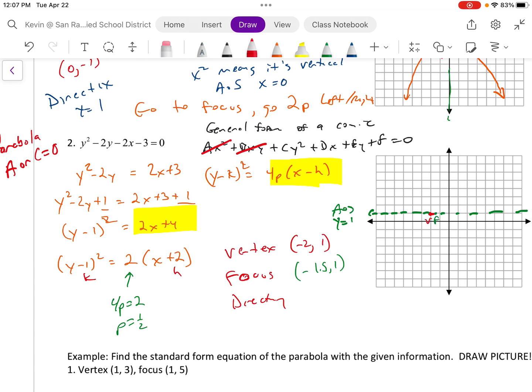Okay, and it's positive, so my focus then is going to be, instead of being negative 2, it's going to be negative 1.5 and 1. So there's my focus. Focus, vertex. My directrix, I'm so sloppy, oops, is going to be x equals negative 2.5. It's going to be right here.